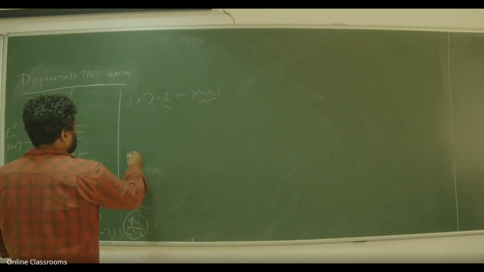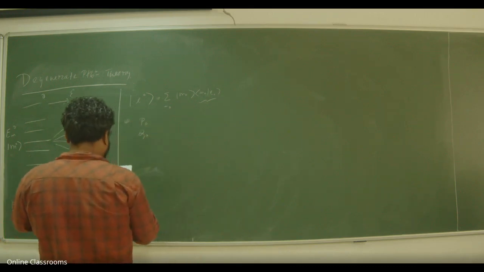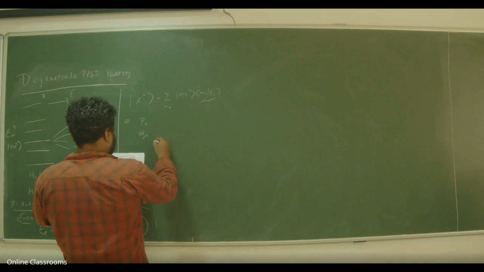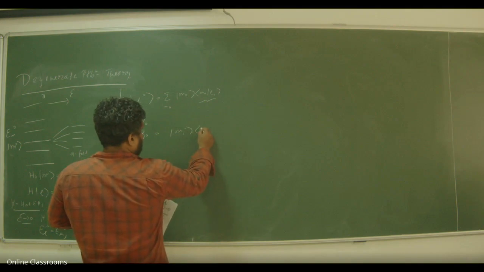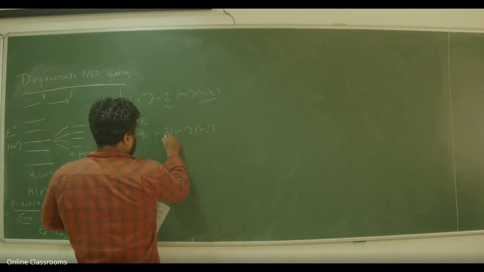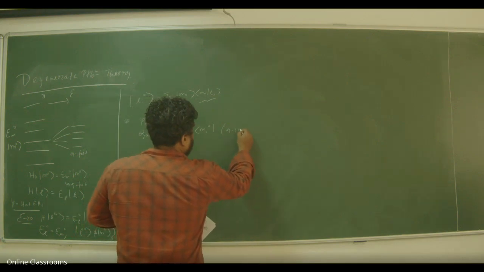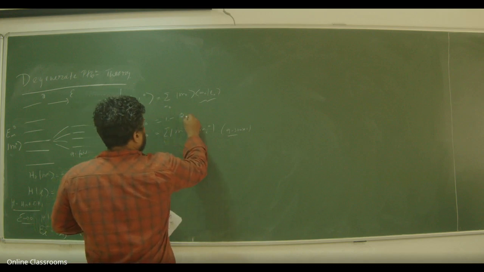So let's divide the Hilbert space into two parts, P0 and Q0. P0 is the projector onto those q states, there are q such states, and Q0 is 1 minus P0, the rest of it.